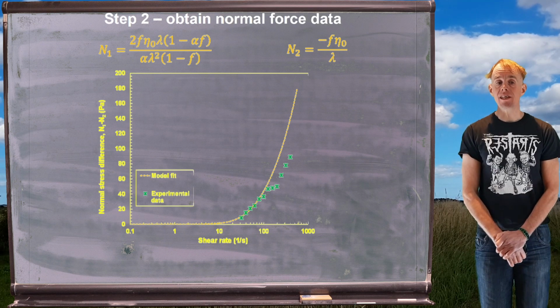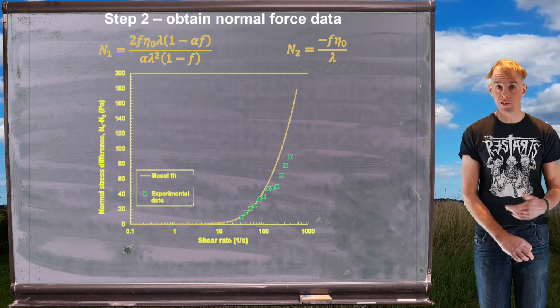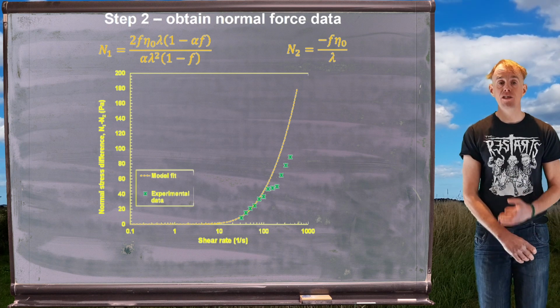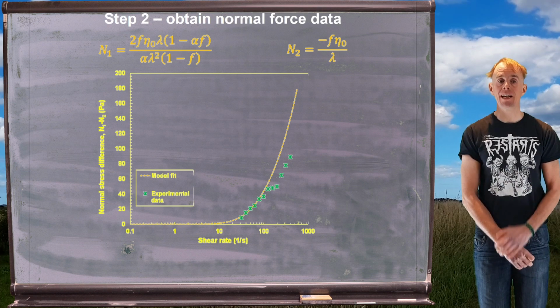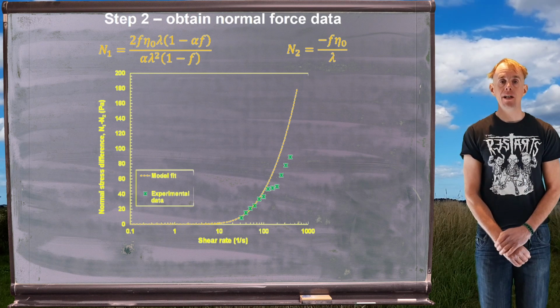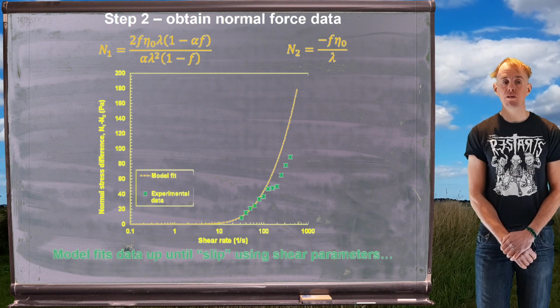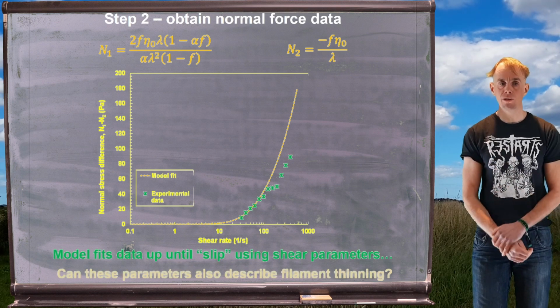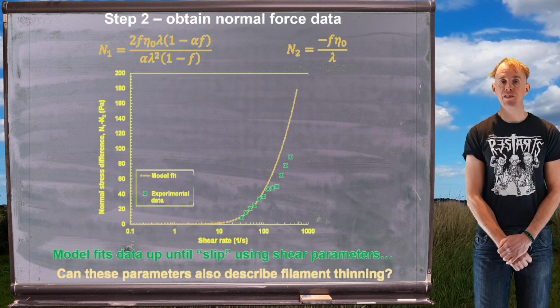And what we can see is that over that range of N1 minus N2 before that slip event occurred, the Giesekus equation matches the experimental data very nicely, and that's using exactly the same set of parameters that I derived for the steady shear viscosity. So we have a unified set of parameters now that can both describe the steady shear viscosity as a function of shear rate and also the normal forces as a function of shear rate.